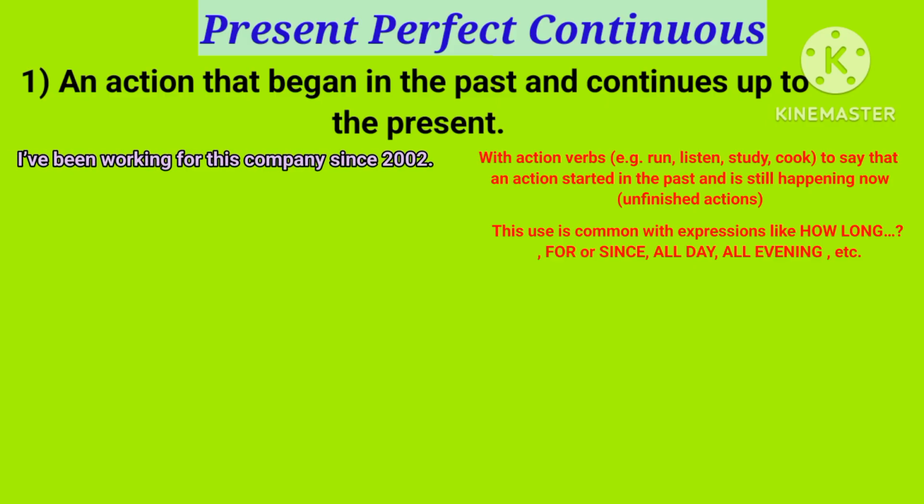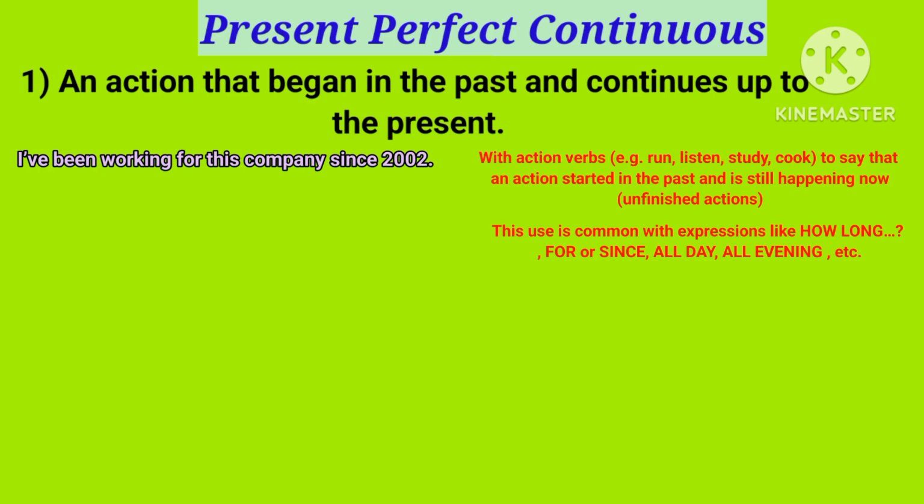Look at these examples. I've been working for this company since 2002. The action started in the past in 2002 and this is still true now. So the starting point is 2002. The focus is duration and continuity, and the person still works there.